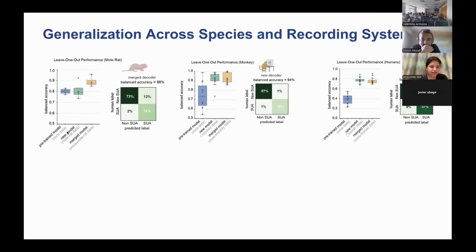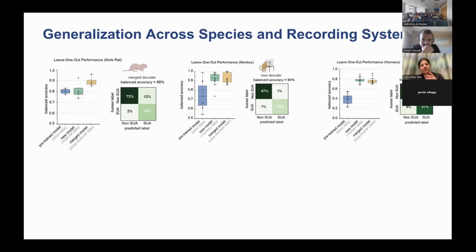And if you use a model trained on mole rats, it also performed well. The very interesting result was that if we combine mole rat and mice datasets, you also get good results. This is similar in all the species: if you combine mice with monkey, and mice with humans, you do get good performance.